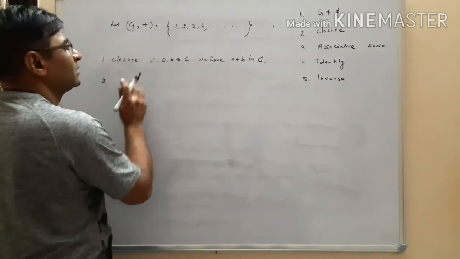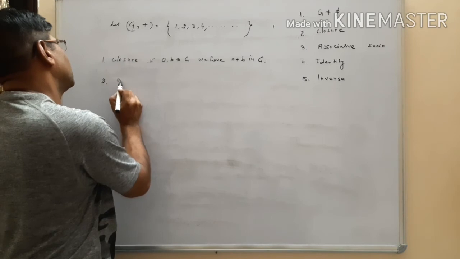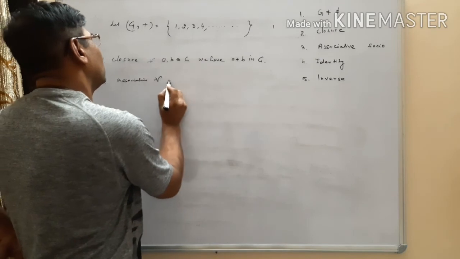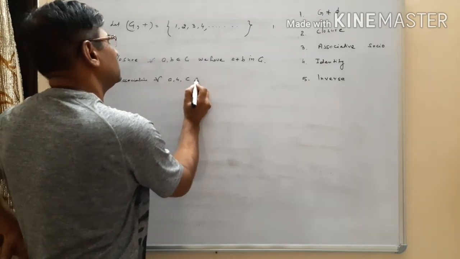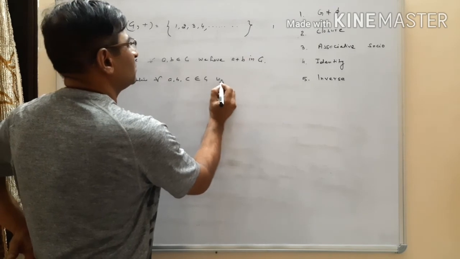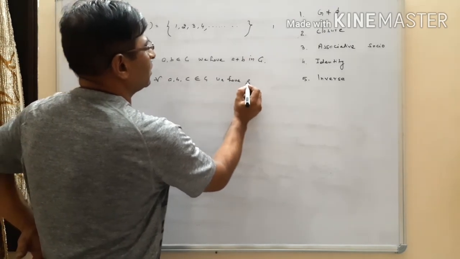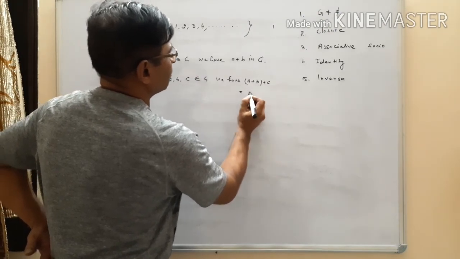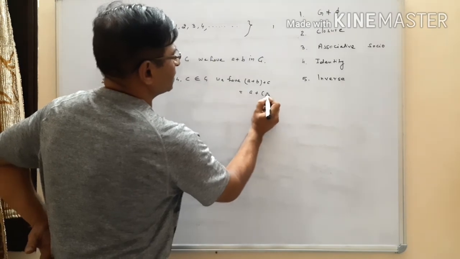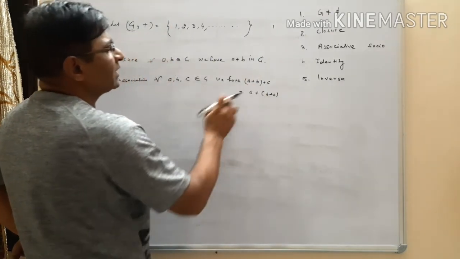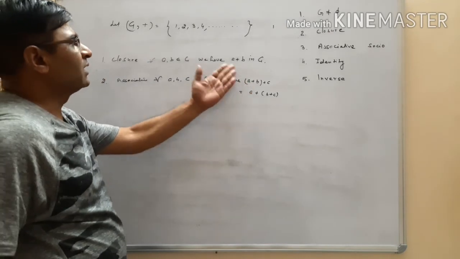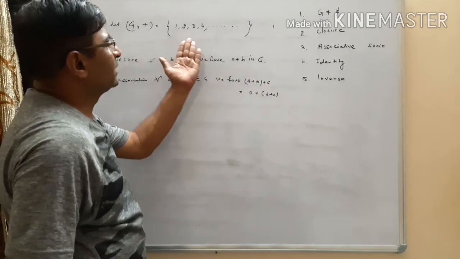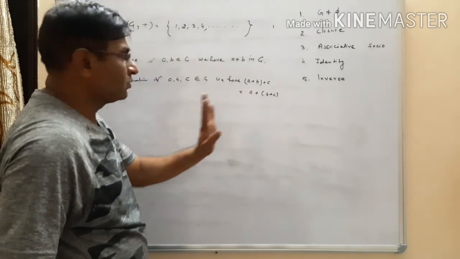Now the second, obviously associative. For all A, B, C belonging to G, we have A plus B plus C equal to A plus B plus C. You can take specific values, like if A is 2, B is 3 and C is 4, then it is 9, and this way also 9.